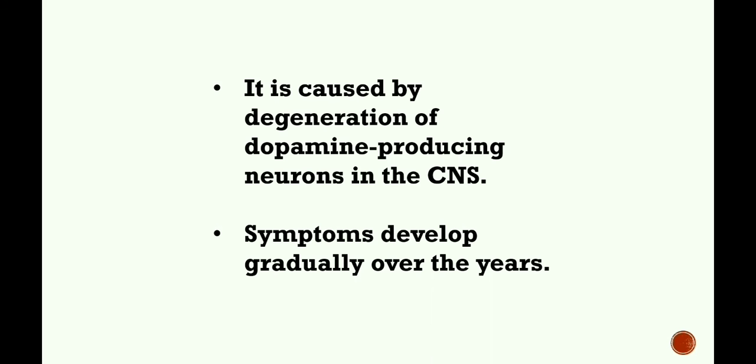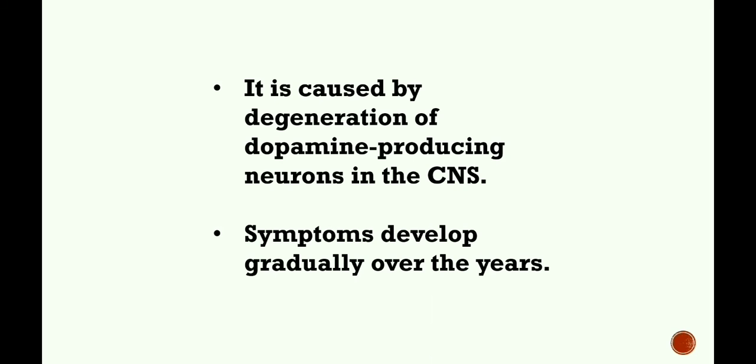We'll study the next one, that is Parkinson's disease. Now, how is this Parkinson's disease caused? It is normally caused by degeneration of dopamine producing neurons in the central nervous system, and there are certain symptoms involved, but these symptoms develop gradually over the years.